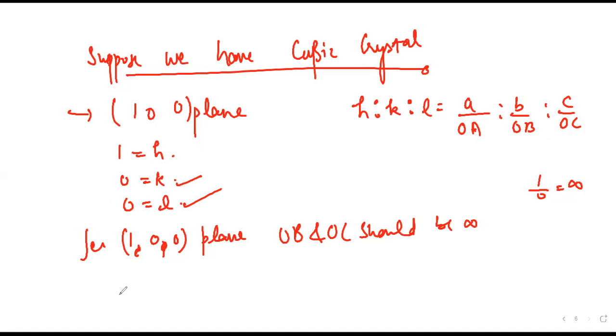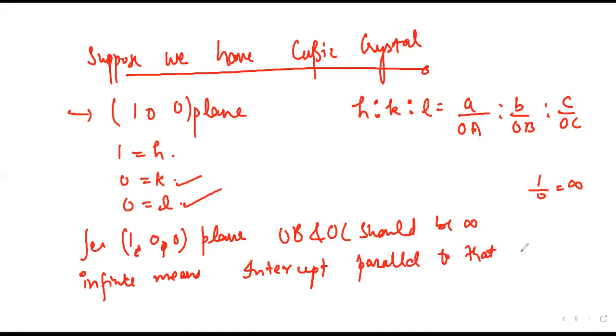So it will be infinite. Infinite means the intercept is parallel to that particular axis. Now how can we define it? We can define it on the basis of OA equal to A, OB equal to infinite, OC again equal to infinite.